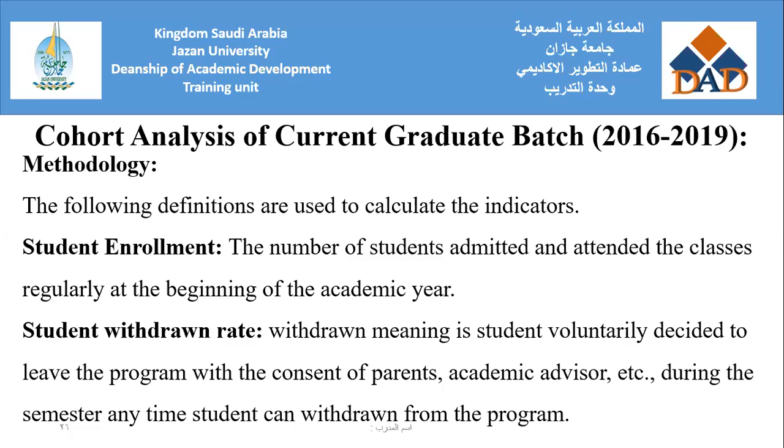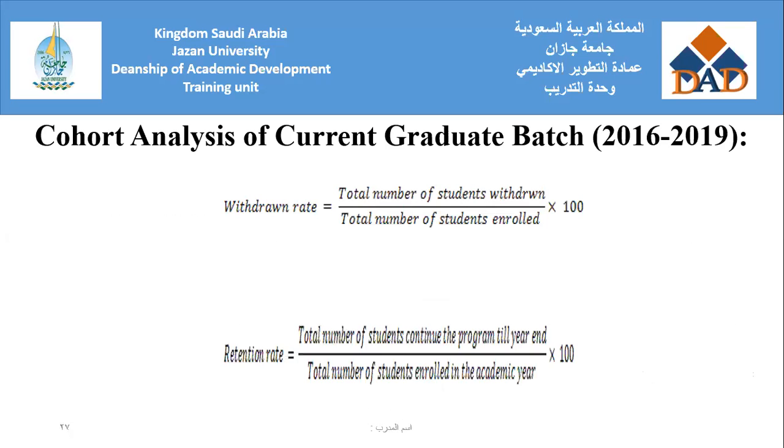Anytime a student can withdraw from the program. So these are the formulas. Withdrawn rate: total number of students withdrawn divided by total number of students enrolled, times 100. Retention rate: total number of students continuing the program till year end divided by total number of students enrolled in the academic year, times 100.